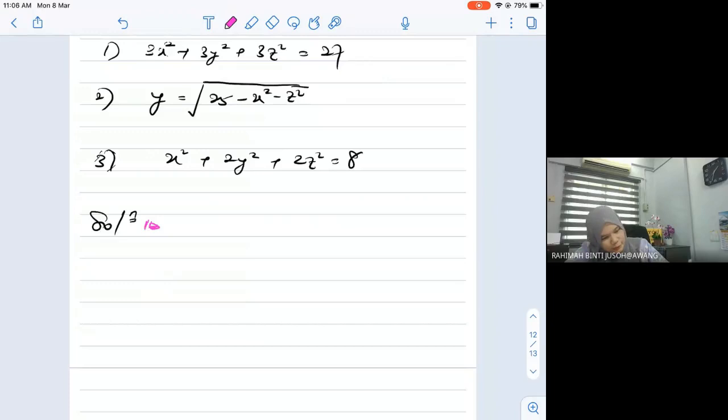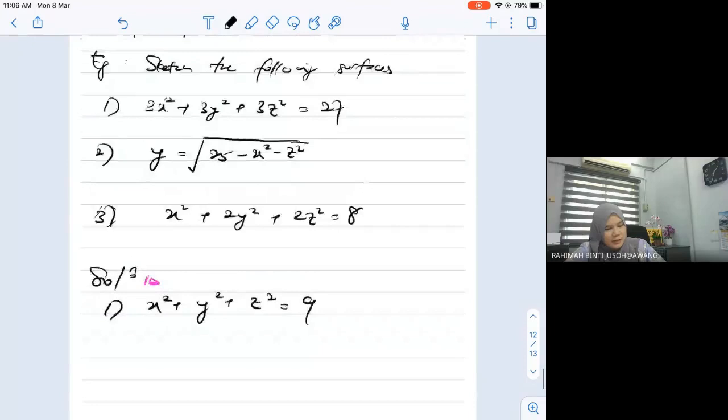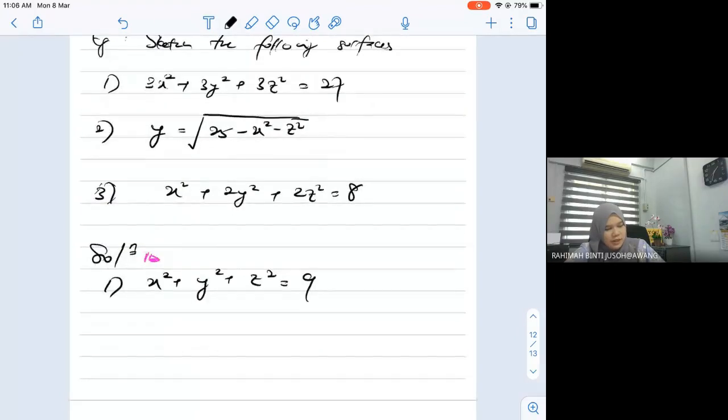Okay, so for question number 1, first step, of course, we need to divide everything by 27, isn't it? So x² plus y² plus z², 27 divides by 3, we get 9, right? So guys, apa beza equation ni dengan paraboloid?